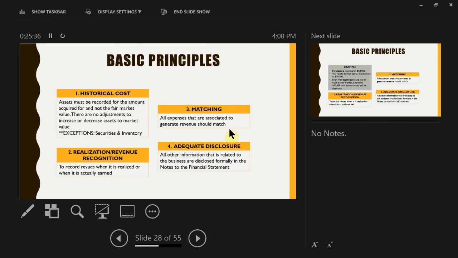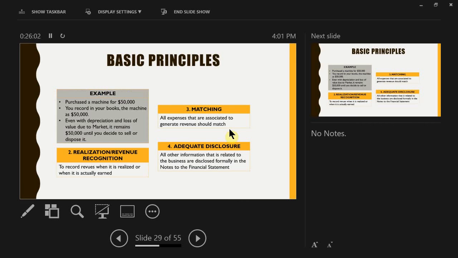All right. Basic principles. Once again, the first basic principle is the historical cost, right? We haven't taken a look at purchasing fixed assets yet, but we did take a look at our inventory, right? When we purchase our inventory, we purchase it at the original selling price.